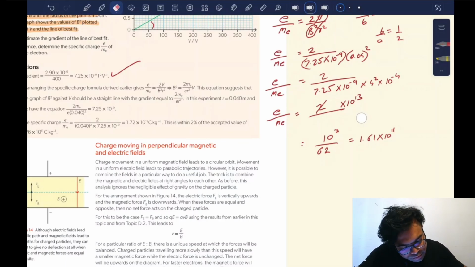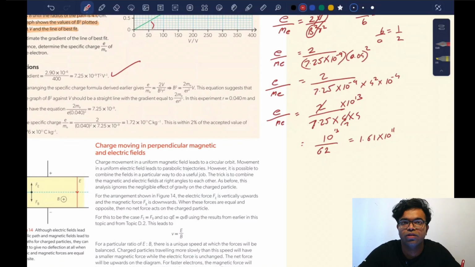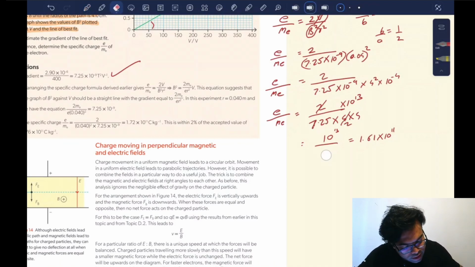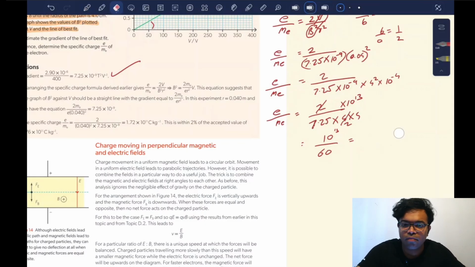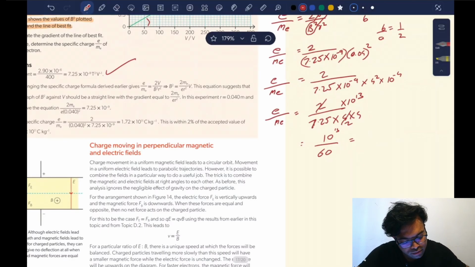So I'll get 7.25 into 4 into 4. This will become 2. 7.25 into 2 is 15. 15 into 4 is 60. It should be 60 at the bottom, not 62. So now the correct answer is how much? Is it coming out to be 1.72?